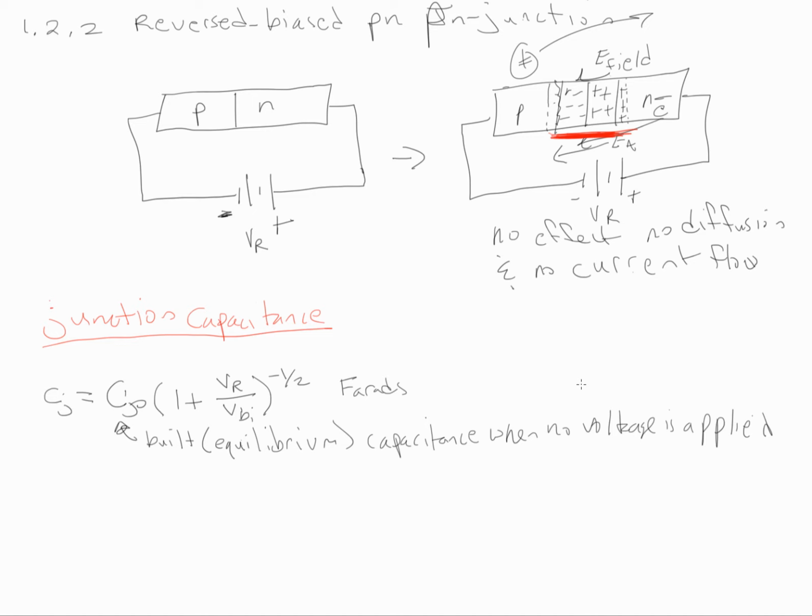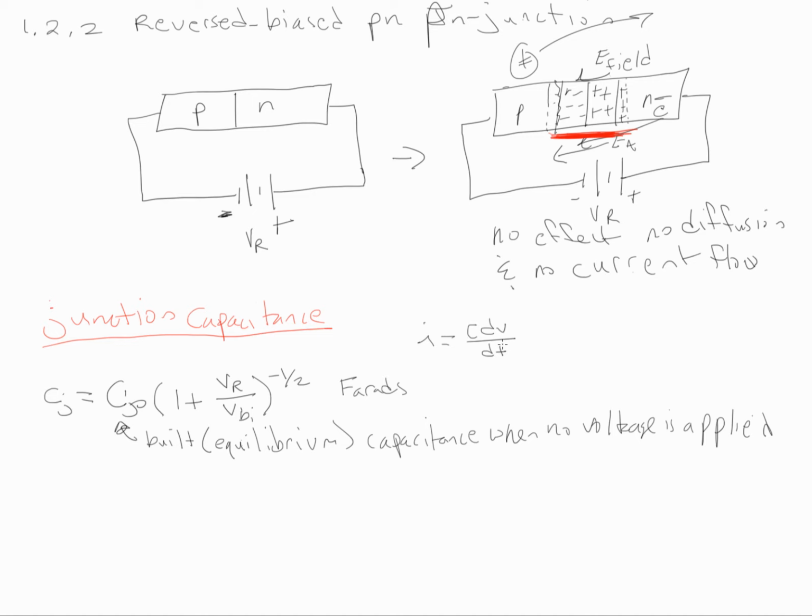And there is a type of diode called a varactor diode, and I don't know anything about them at the current moment. But they use the capacitance property to make electrically tunable oscillators.